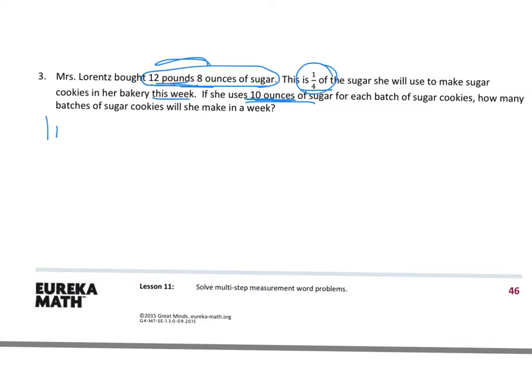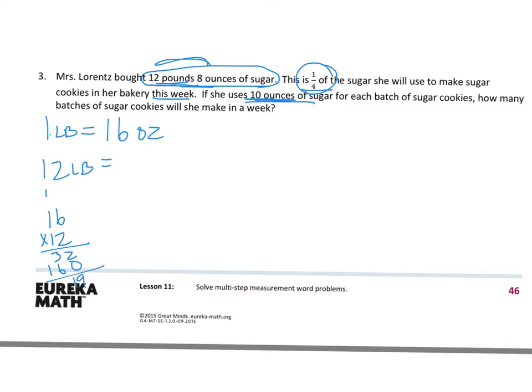The way to do that is 1 pound, I know, equals 16 ounces. And that's a conversion. So if I have 12 pounds, I know that when I go from 1 to 12, I'm multiplying by 12. So I'm going to do 16 times 12. Because 1 pound is 16 ounces. I need 12 pounds. So I'm going to multiply that out.